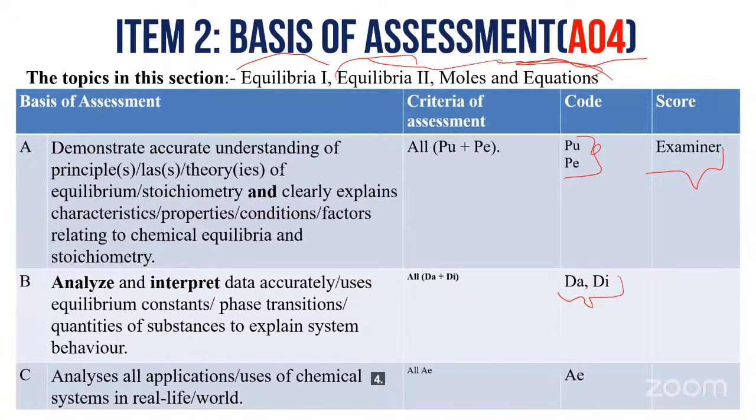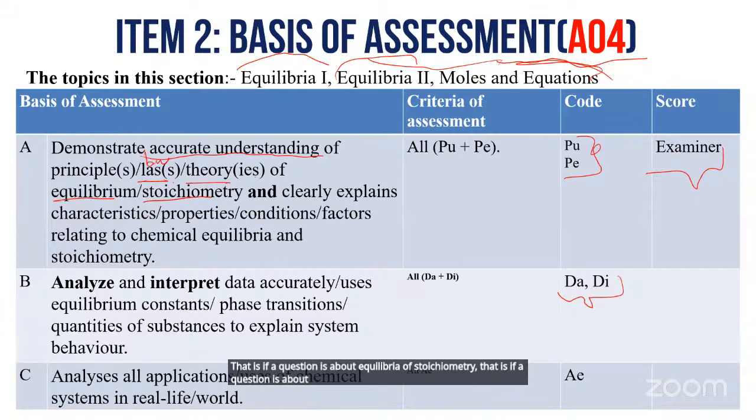Now, what do we do here? Here we demonstrate accurate understanding of the principles, laws, theory or theories of equilibrium, that is, if a question is about equilibrium, or of stoichiometry, that is, if a question is about moles and equations or stoichiometry.